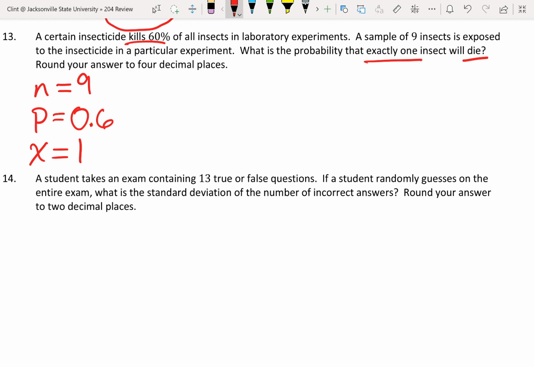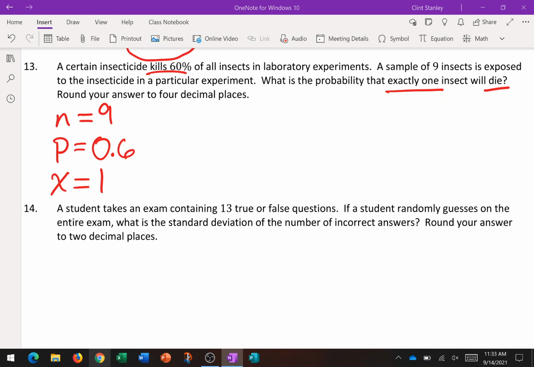So we need n of 9, p of 0.6, x of 1. I should have had this pulled up already, sorry. We'll see how slow the internet is.